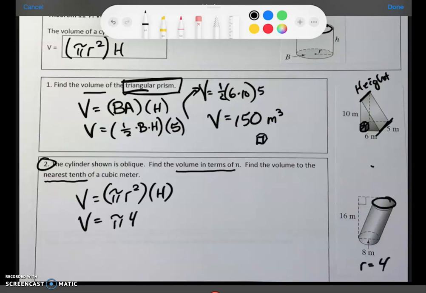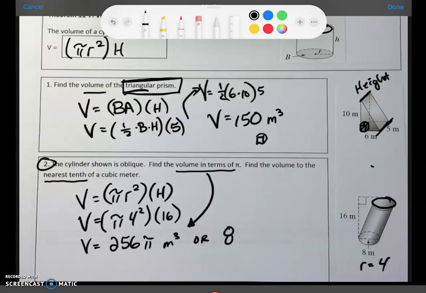So it's pi times 4 squared times a height of 16. This is 256 pi meters cubed. That's in terms of pi. I left the pi symbol there. Or if I go to the calculator, multiply 256 times pi, you'll get 803.8 meters cubed. That's to the nearest tenth.